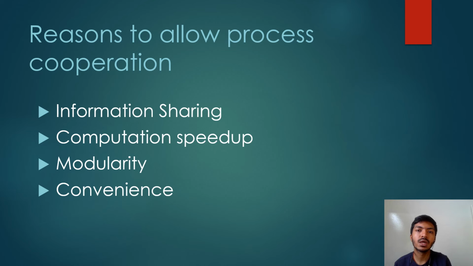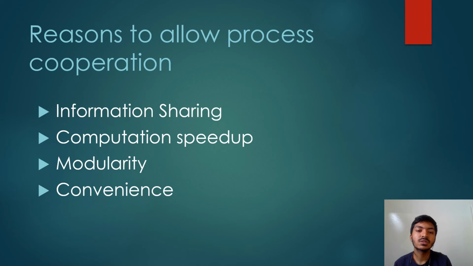For example, if there is a common file which needs to be accessed by different users, then different processes will run to access the same file. Therefore, we need process cooperation so that these processes can coordinate with each other, so that the file can be accessed by different processes concurrently.